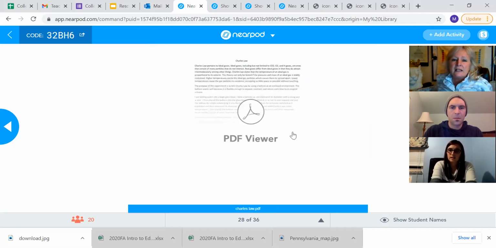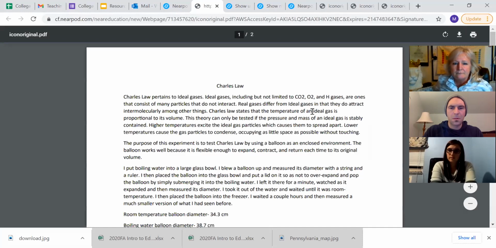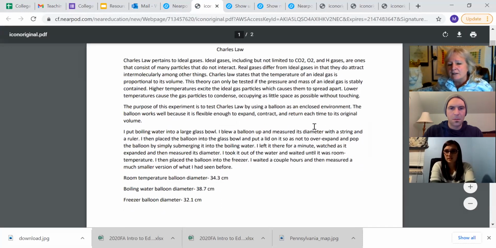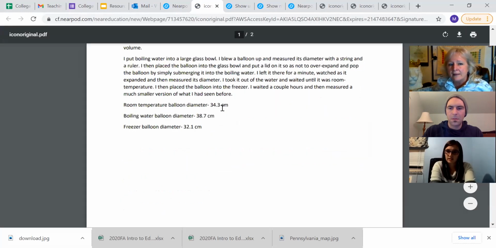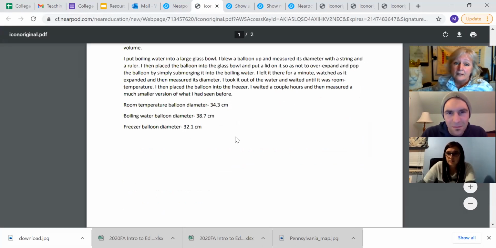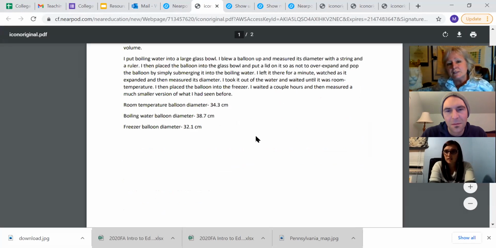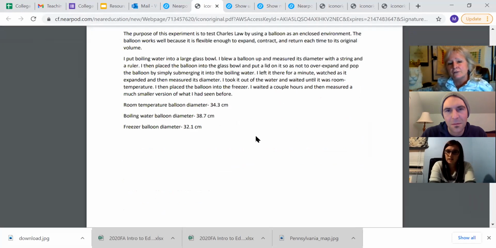So if we take a look at this first one, okay, this student, the Charles Lab, they don't have a graph or anything. They took the diameter of the balloon only. They didn't seek out volume, they just took the diameter. Now, do I feel that this student understands Charles' law? I do, because I talked to the student, first of all.